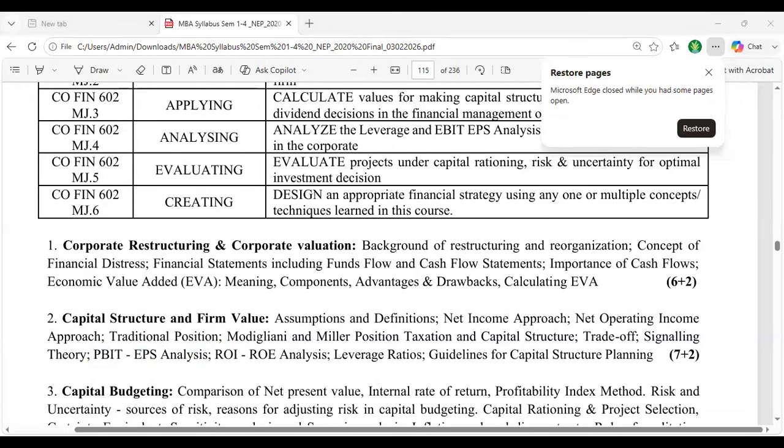So here in this case, we need to talk about EBIT and its analysis. Okay, what is PBIT? Anybody know the meaning? The P stands for profit, B stands for before, and I stands for interest and tax.